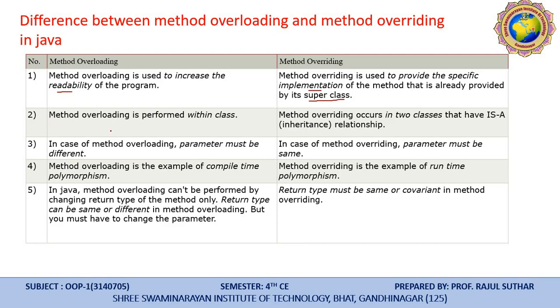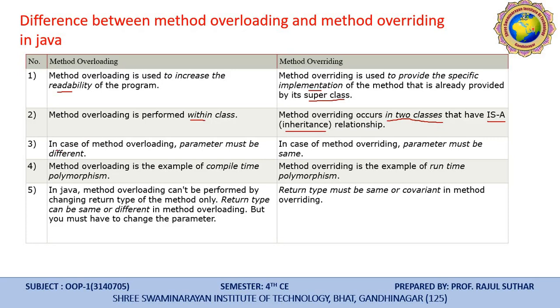Method overloading is performed within the class, while overriding occurs in two classes that have an is-a relationship. We can say that it is inheritance.